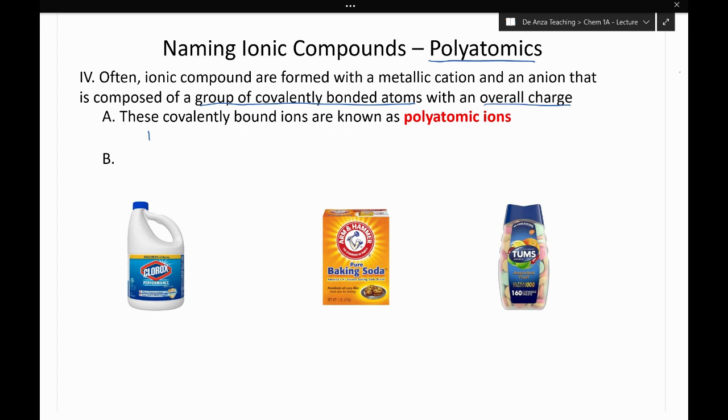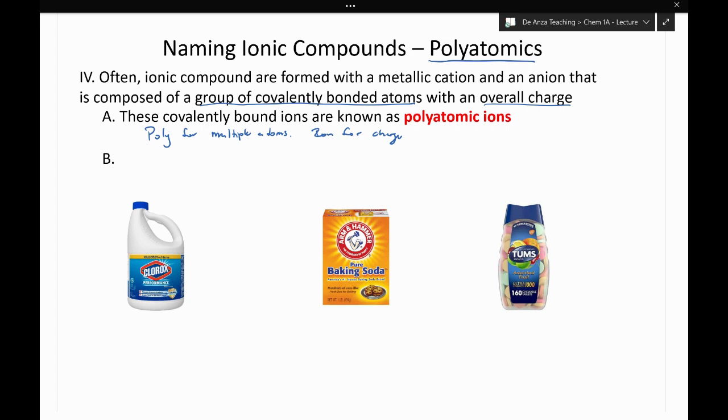Poly, because you have multiple atoms, and then ion for the fact that it's charged. And so things like bleach, baking soda, and Tums have one of these polyatomic ions.